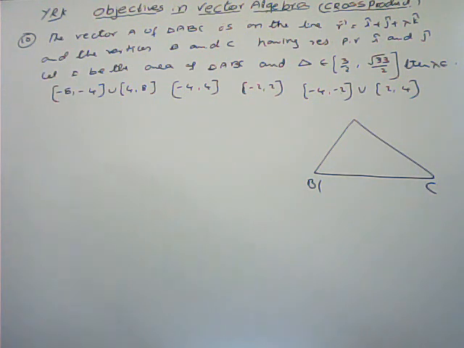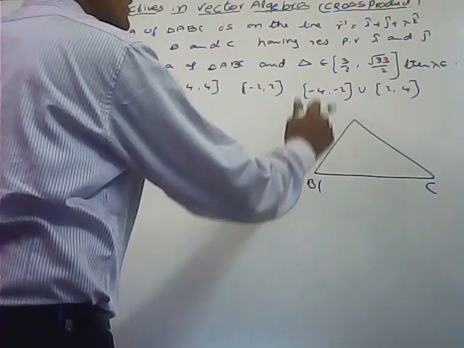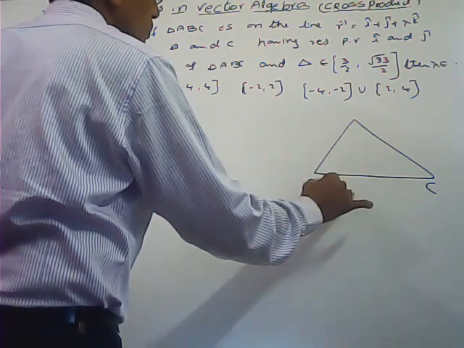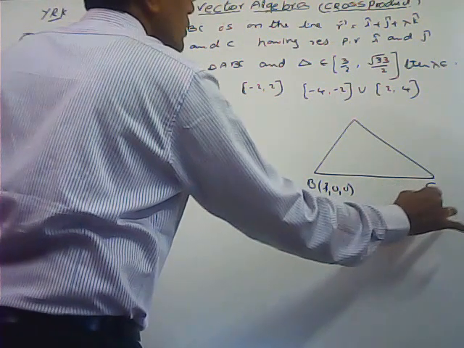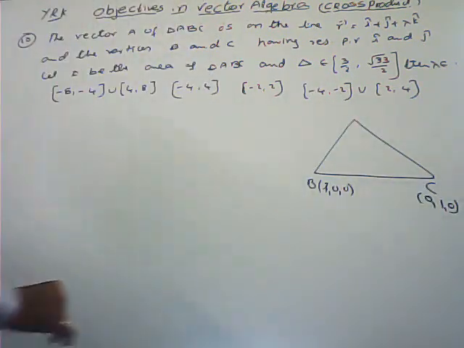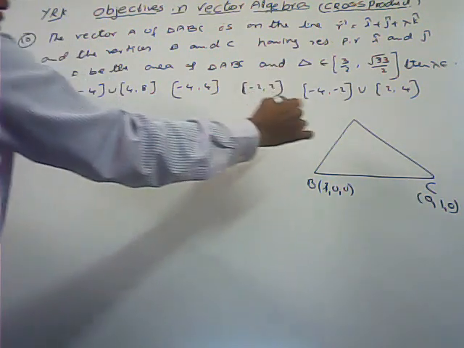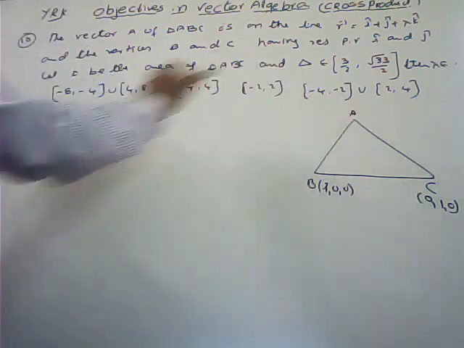And the vertices B and C have the respective position vectors i cap, that is 1 0 0, and j cap, that is 0 1 0. Now let delta be the area of triangle ABC, and delta belongs to a given interval. Here we want the lambda values.